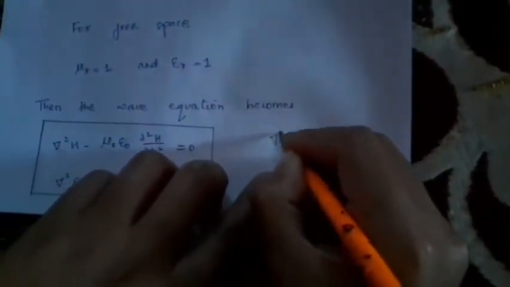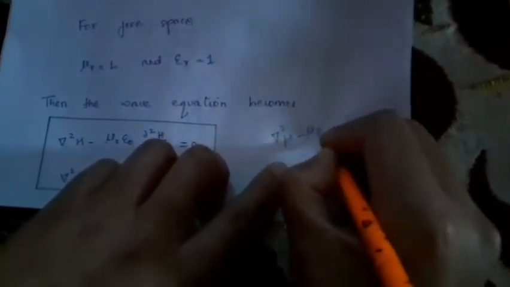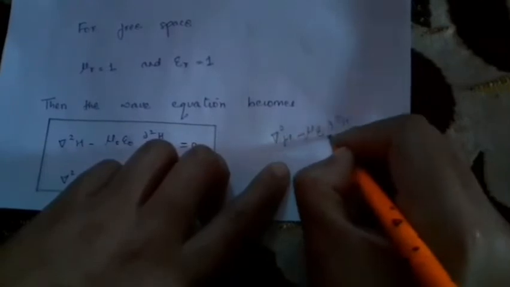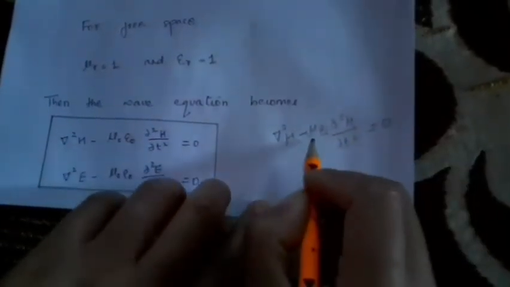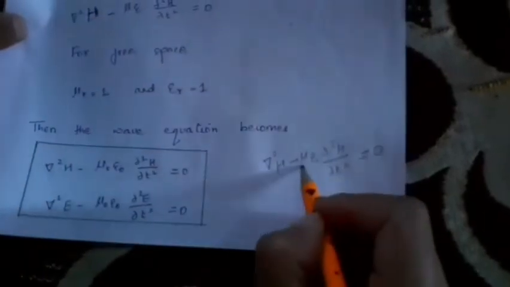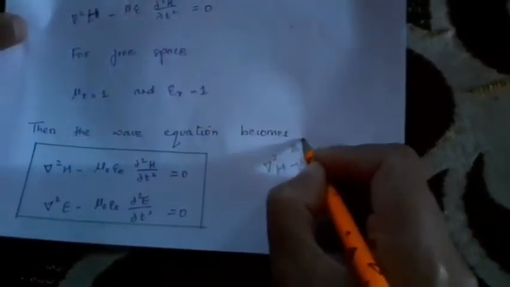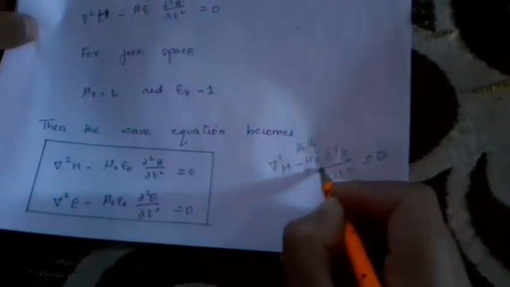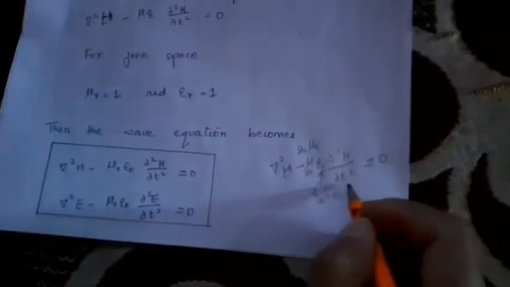See here, here mu is nothing but mu naught mu r, and epsilon is nothing but epsilon naught epsilon r.